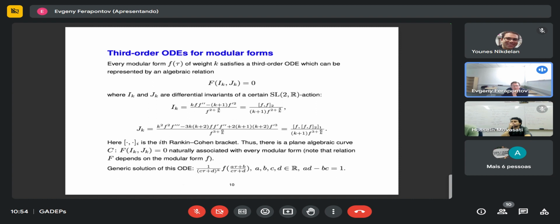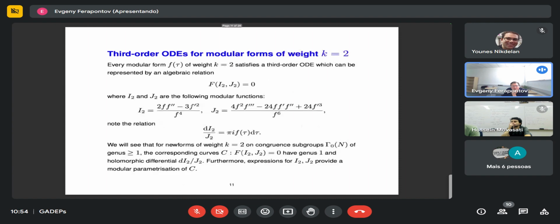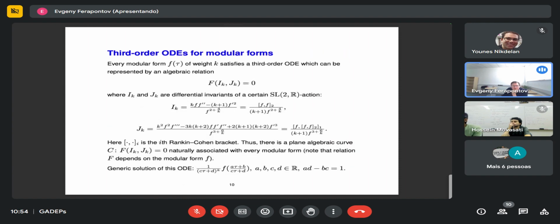So let's look at I_k. First of all, its numerator, this expression, right? This is the Rankin-Cohen bracket, [f, f]_2. So upstairs, I have a modular form. What is the weight?